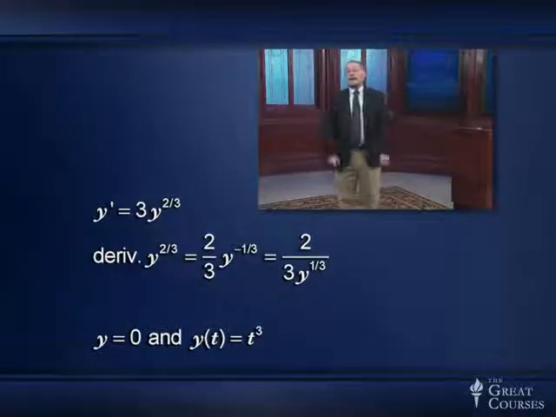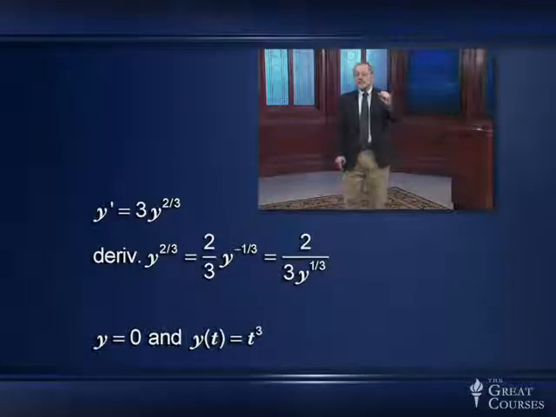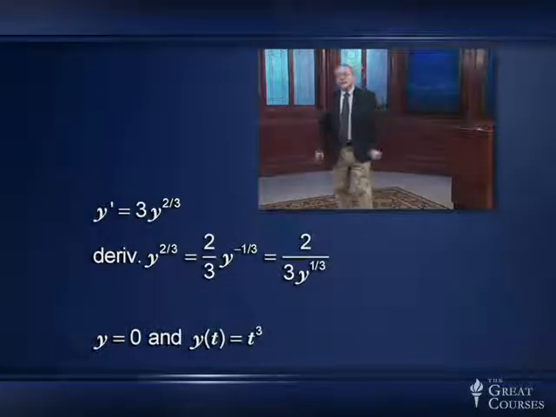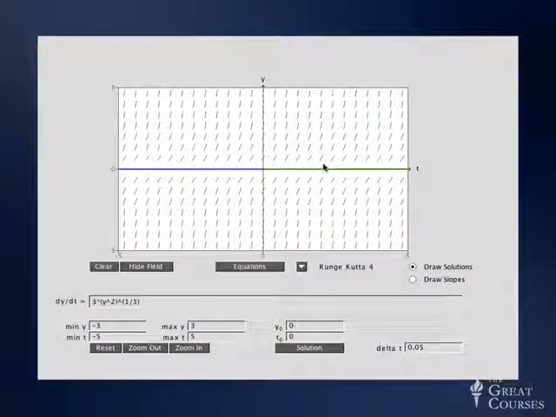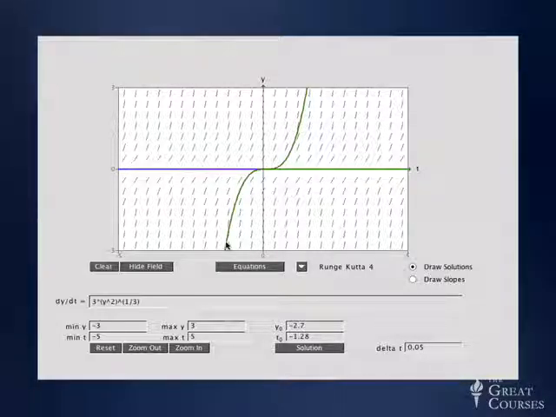So y of t equals t cubed crosses y equals 0 at 0. So we don't have uniqueness for this differential equation. And this is very different from the previous ones where all of a sudden we had points where the differential equation wasn't defined. Here the differential equation is everywhere defined, but it's not differentiable. There's my equilibrium solution, y equal to 0, and now other solutions look like that.